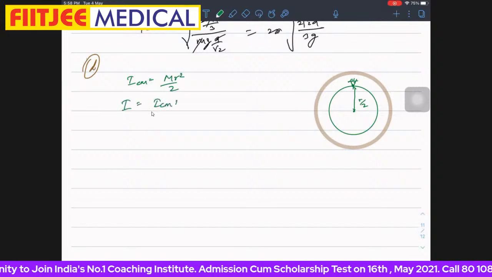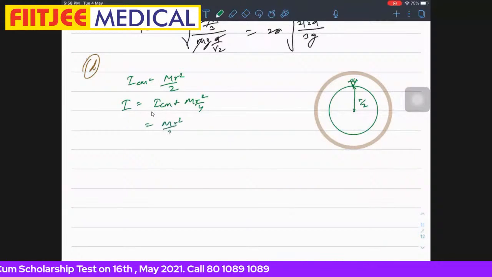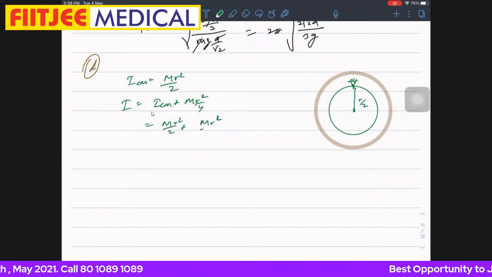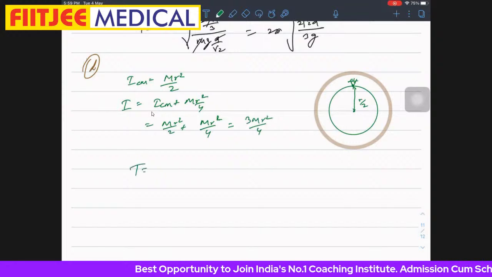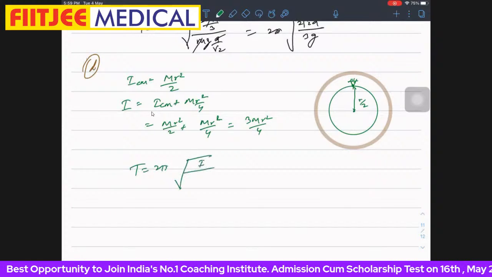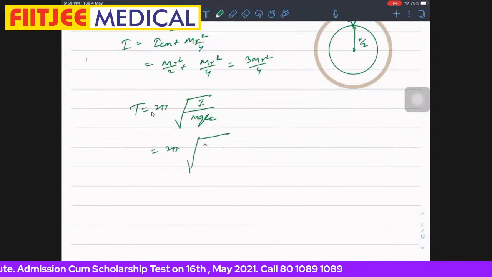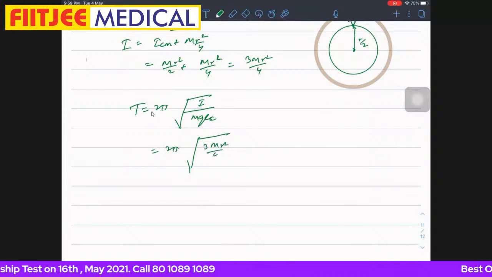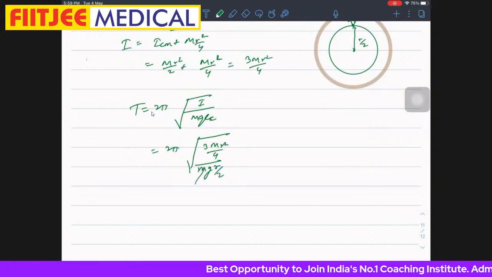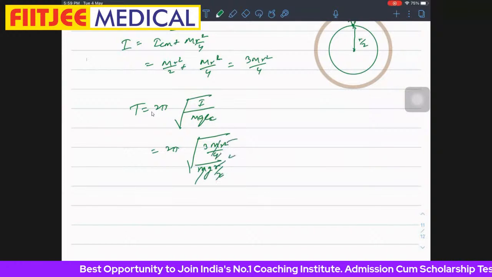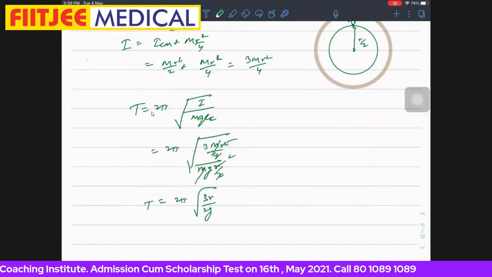So I center of mass plus m r square by 4, because the distance is r by 2: m r square by 2 plus m r square by 4, which becomes 3 m r square by 4. The time period is 2 pi root under I by m g l c, so 3 m r square by 4 divided by m into g, and l c here is r by 2. So 2 pi root under 3r by 2g. This will be the time period.